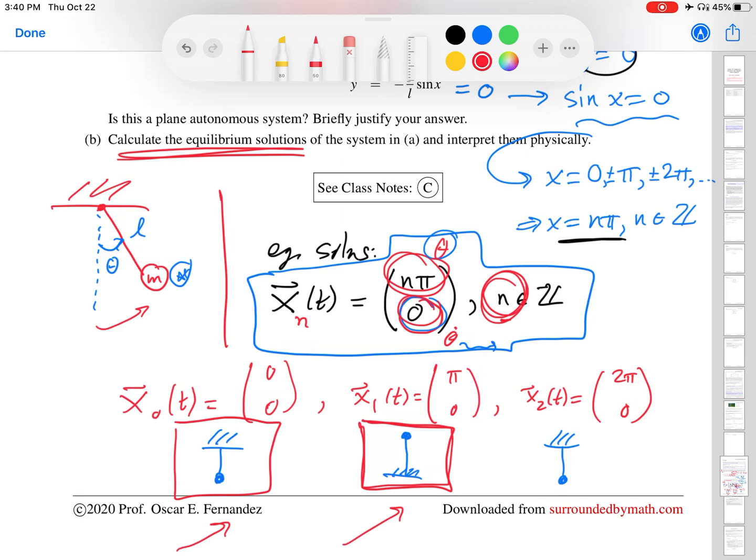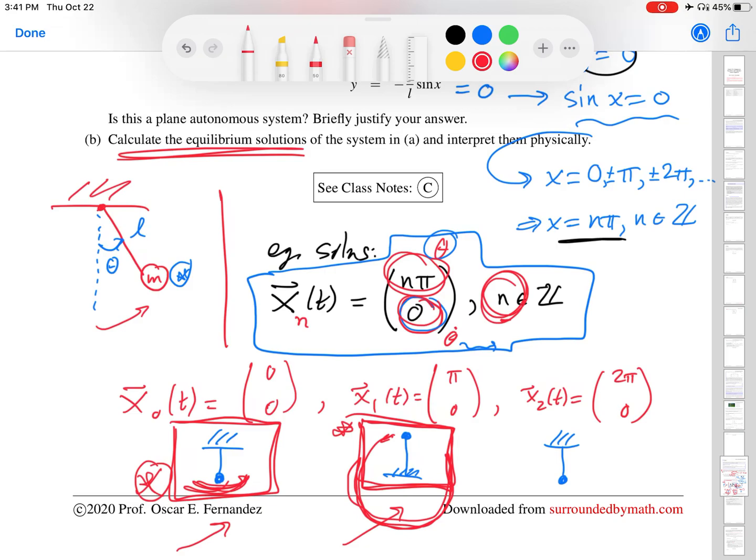But these two are the only equilibrium solutions for this model of the pendulum. They are not the same in the stability case. If you were to give this pendulum here a little kick to the right, it would just oscillate around that equilibrium point. If you gave this pendulum here a nudge, it would go very quickly away from that equilibrium point, and it may never return, depending on how much of a kick you give it.